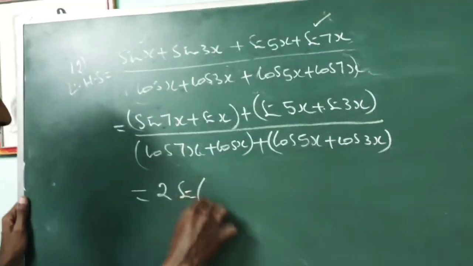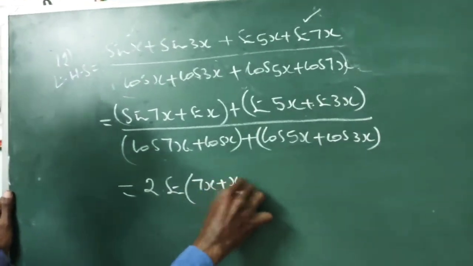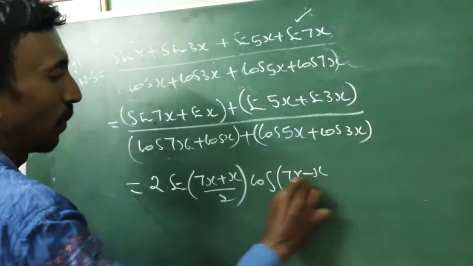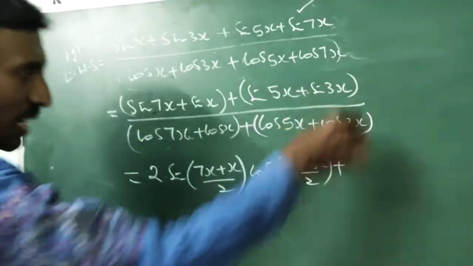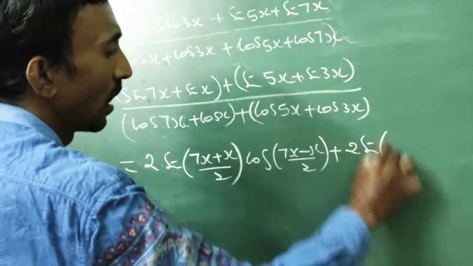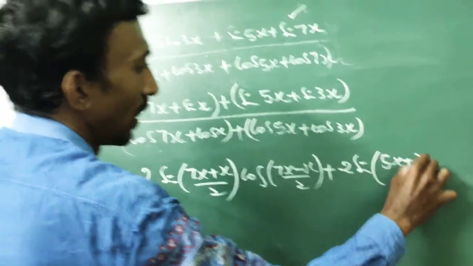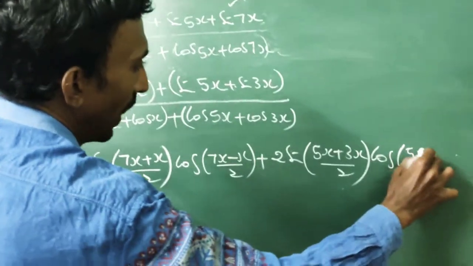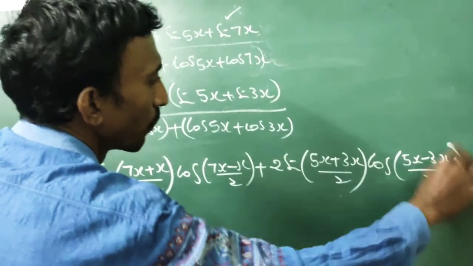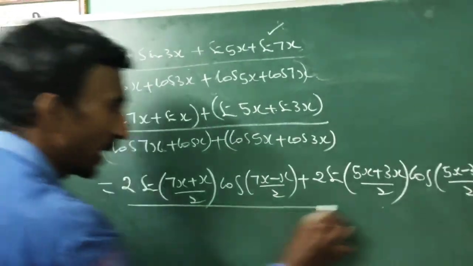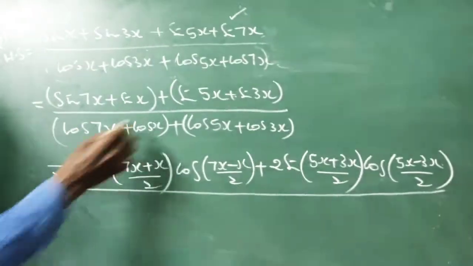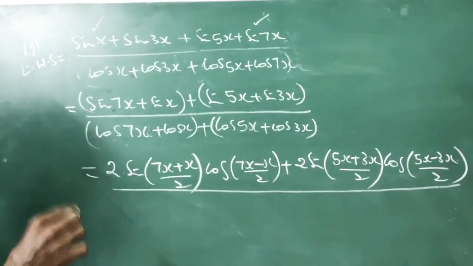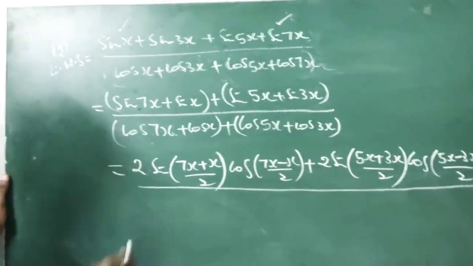So 2 sin((C + D)/2) cos((C - D)/2) plus the same, 2 sin((C + D)/2) cos((C - D)/2). In the denominator, cos C plus cos D is 2 cos((C + D)/2) cos((C - D)/2).